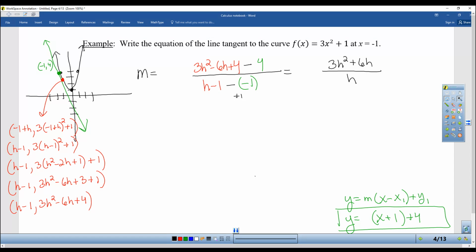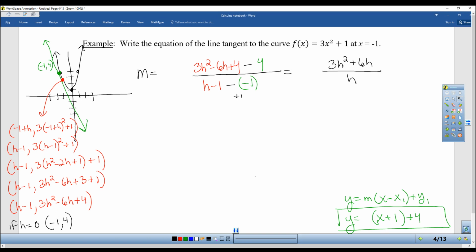Okay? So my goal is to make h as tiny as possible. Because if h is literally 0, then the second point would be negative 1, 4.